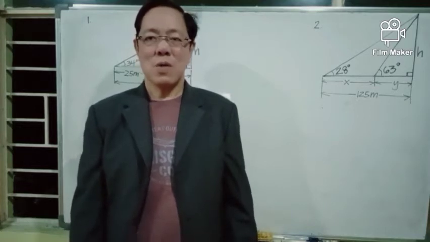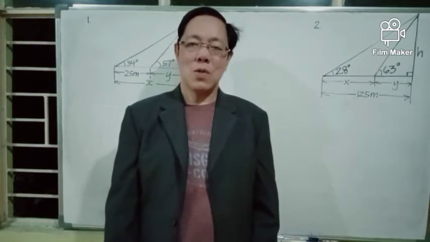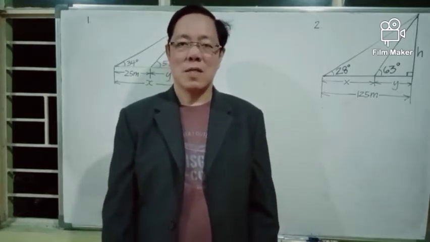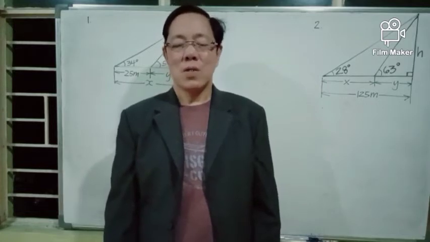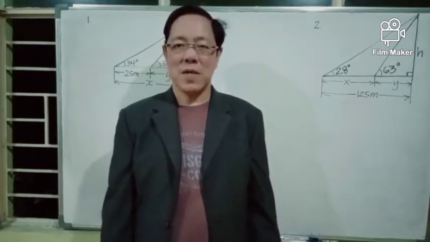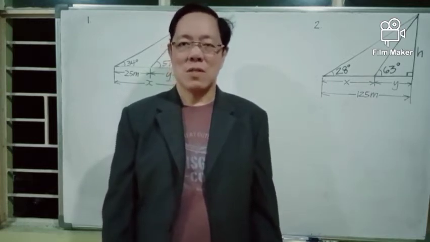So for today, we will take up solution of right triangles. To solve a triangle means to find all the parts that are not given, or to find all the unknown parts using the parts that are given, and some of the trigonometric functions.